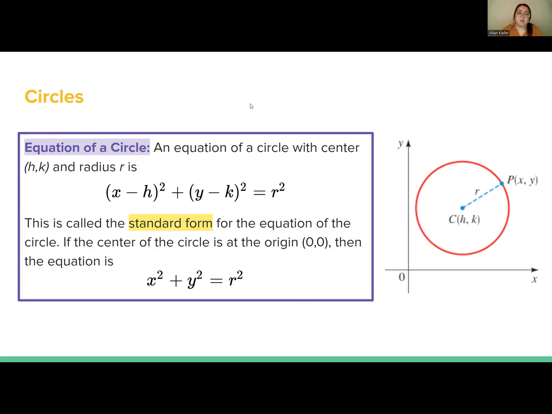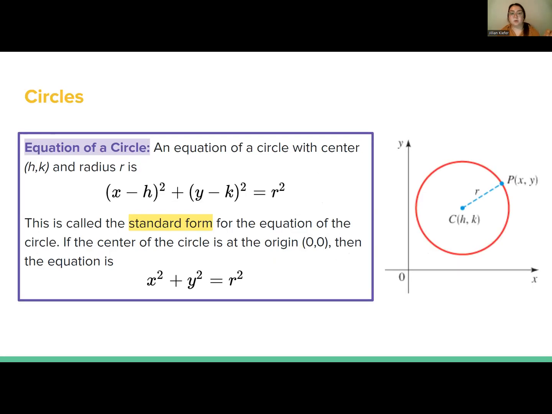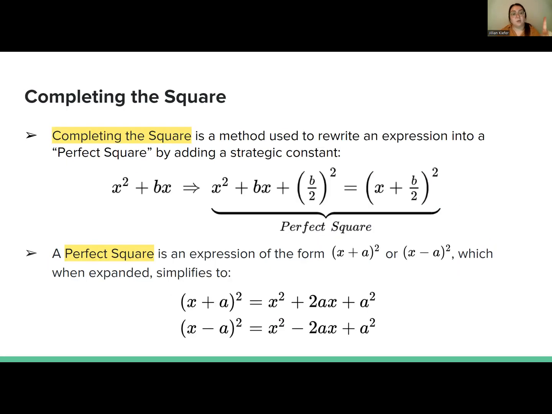Because we want to have these terms, (x - h)² and (y - k)². They're not always going to be given to us. And we'll need to use completing the square in order to find them. So circles gives us the equation. This is the equation of a circle. We need completing the square in order to find the equation of a circle in standard form.